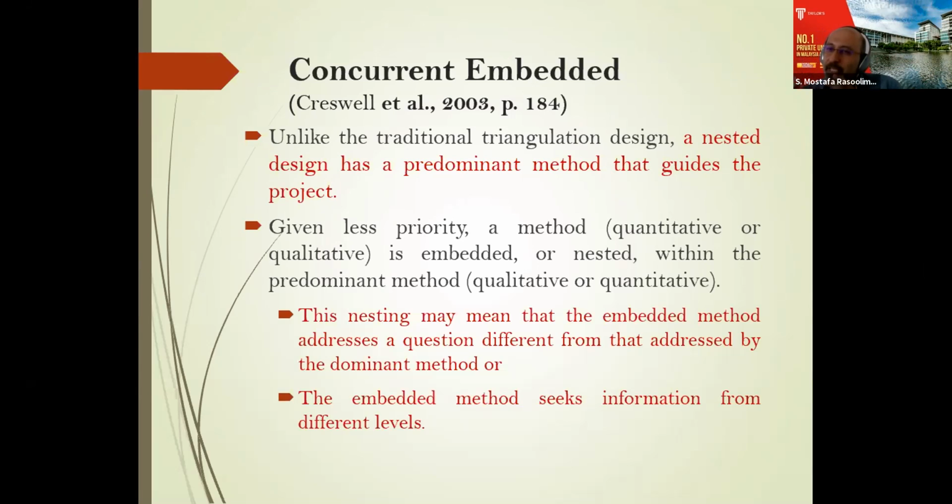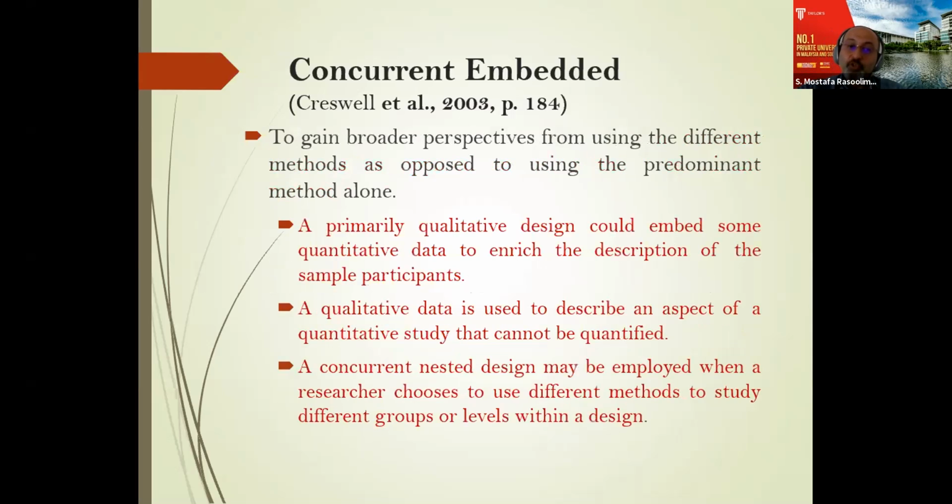So the second method can be embedded, a method with lower priority compared to the first method. The first method tries to answer the main research question, but another method, the secondary method, answers another research question.